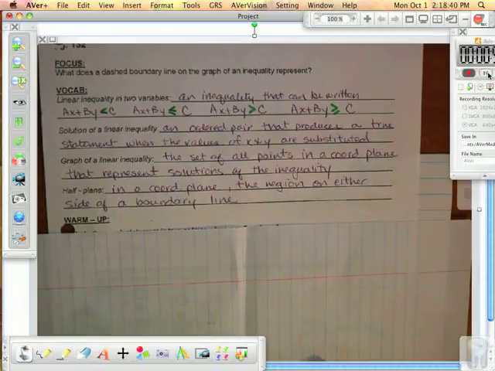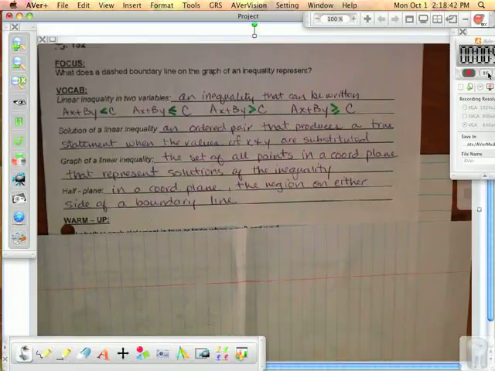Okay? Now, ladies and gentlemen, if this was an equal sign, as opposed to an inequality, there would be only one point, one ordered pair that would make the equation true, correct? Since it's an inequality, there's a whole heck of a lot of ordered pairs that could make that inequality true.